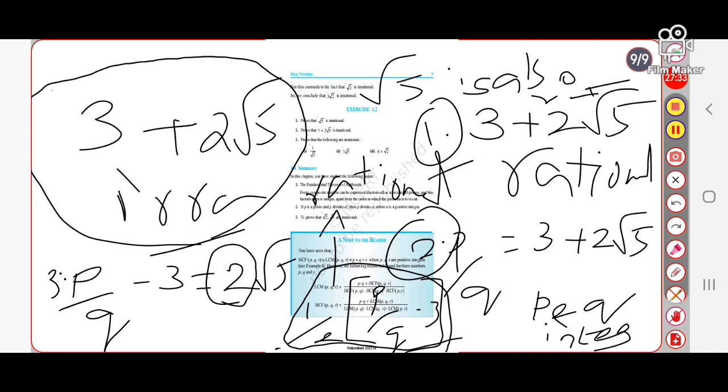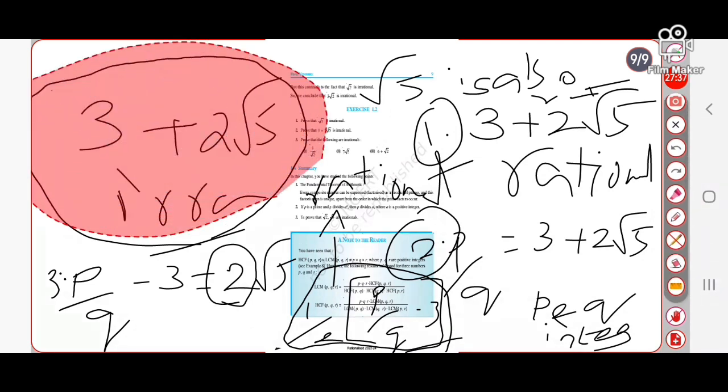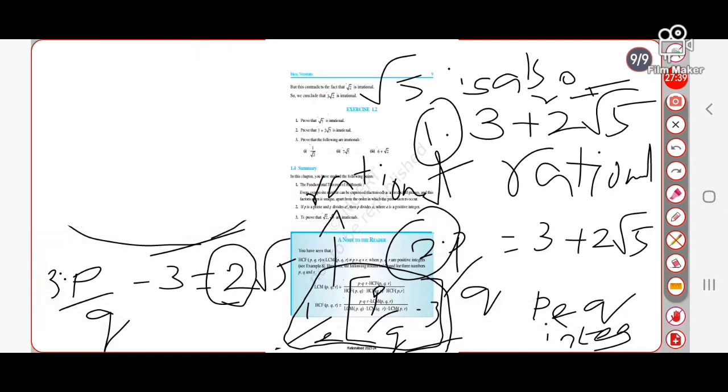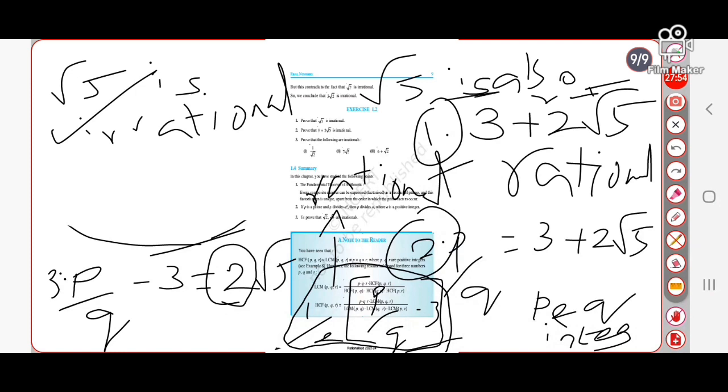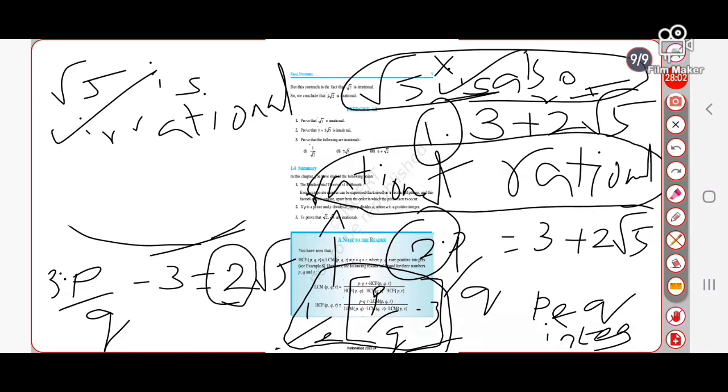But one minute, I will just clear my screen. We get root 5 is also rational. We already proved in the previous sum that root 5 is irrational. So this is a wrong conclusion which we got. This is because of the assumption which we made in the starting stage.